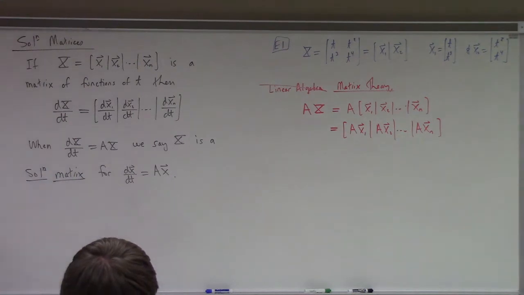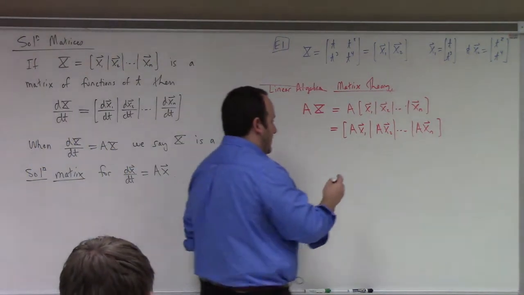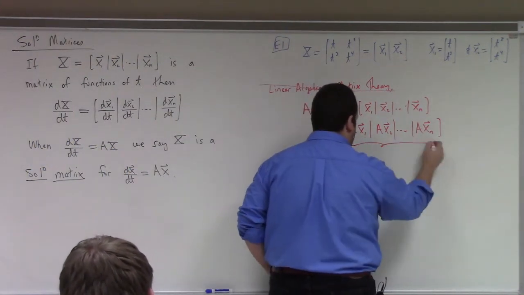So this is just a basic matrix multiplication fact. I'll sometimes call this the concatenation proposition. Some people call it column by column multiplication.